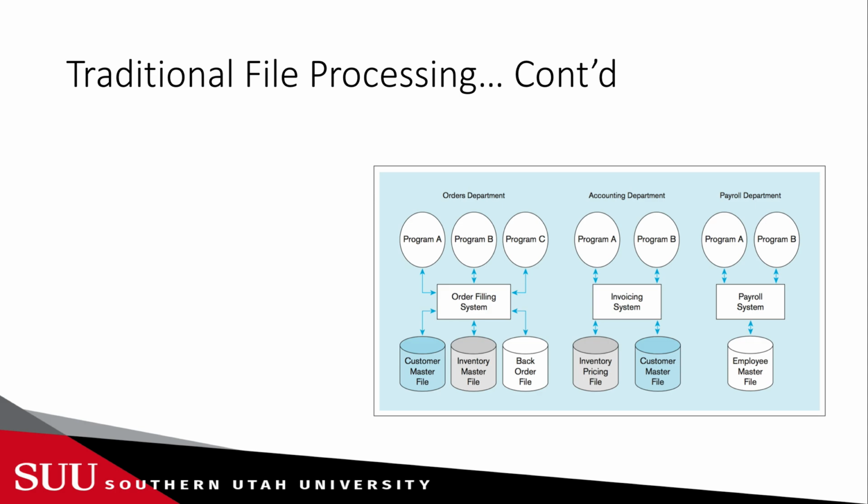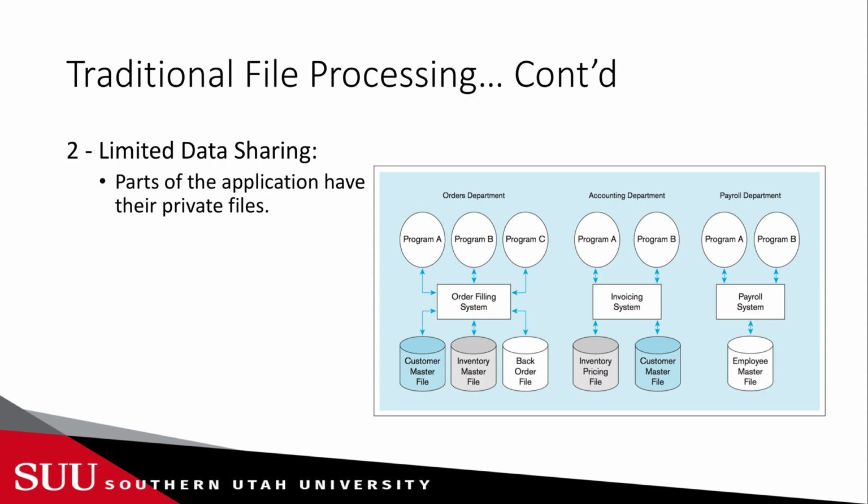Now let's look at it again. We talked about something in the previous slide. We said, okay, now these systems, although all of them are for one company, are kind of their own systems. So we have a problem of limited data sharing, because the parts of the application have their own private files.